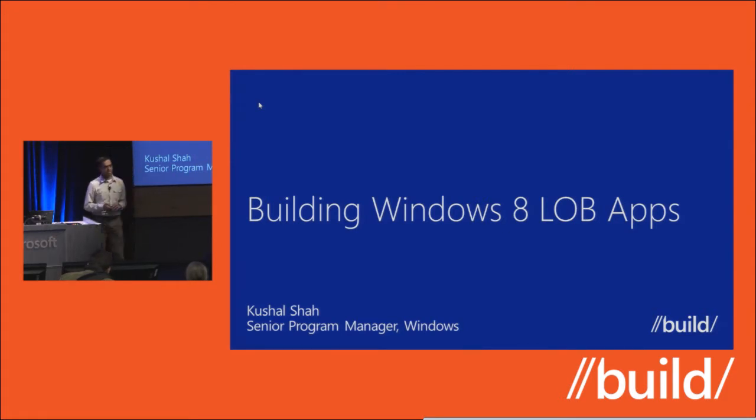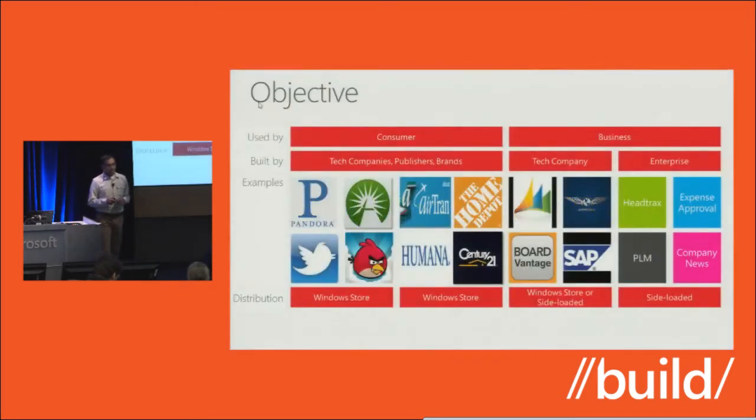And let's talk about building Windows 8 line of business apps. My name is Kushal Shah and I'm a senior program manager in the Windows team. And today we are going to talk about the business applications as Windows Store apps. Essentially, when we talk about the Windows Store apps, we like to categorize them into two buckets. Number one is your consumer apps, about which you have heard a lot, I'm sure, in the last 3 days.